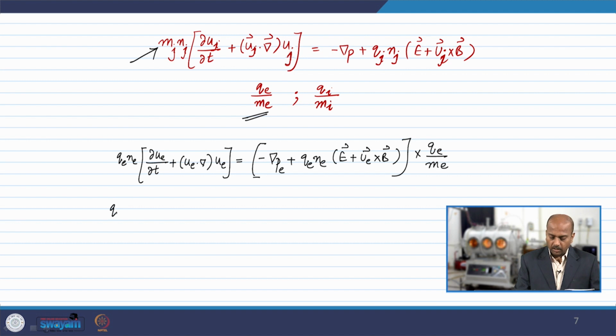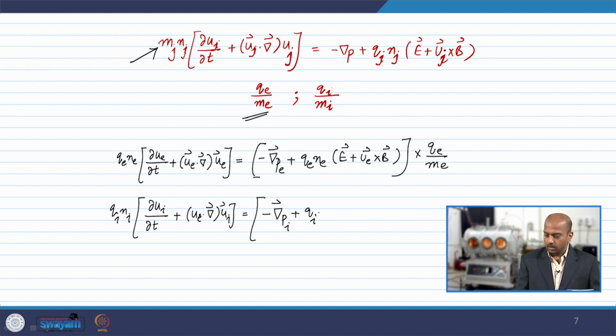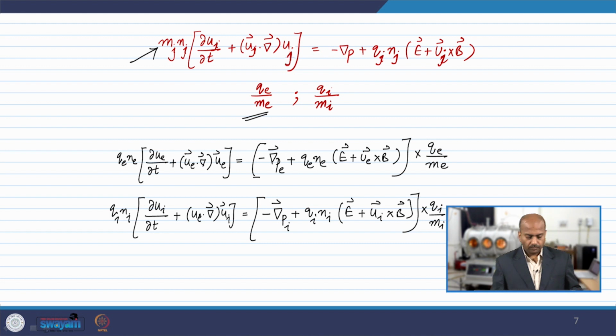So similarly, you can write QiNi times (∂Ui/∂t plus Ui dot del Ui) is minus del Pi plus QiNi times (E plus Ui cross B) times Qi by Mi.